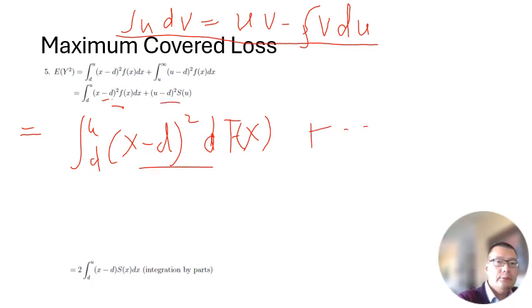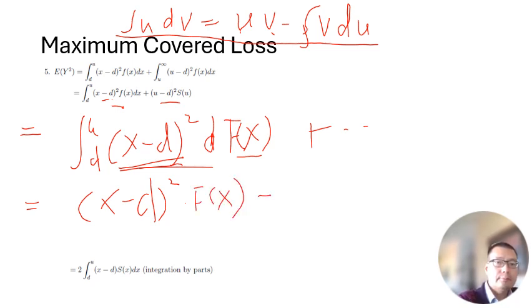From here we can utilize this. So u is (x minus d) squared, F(x) is v. So here u times v will be (x minus d) squared times F(x).